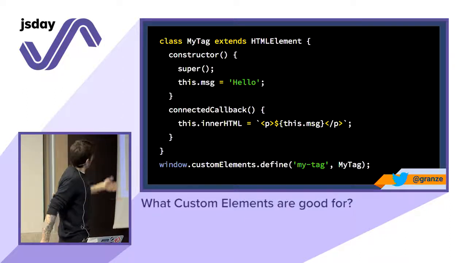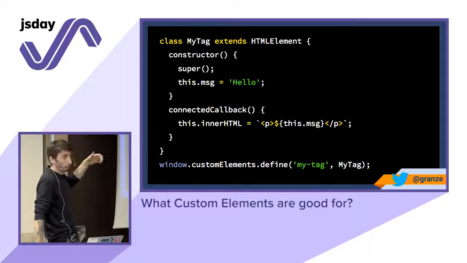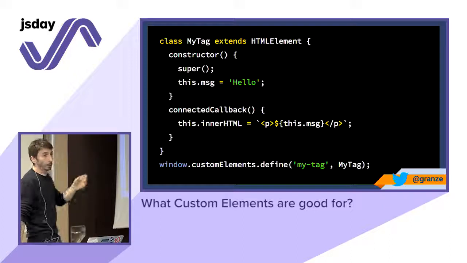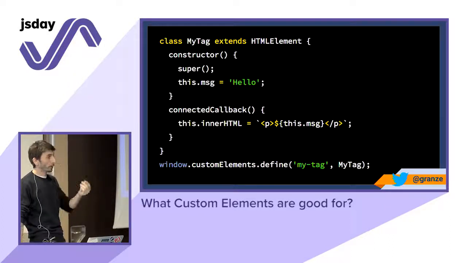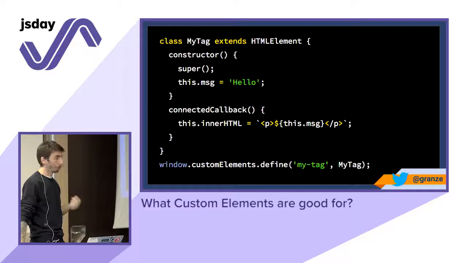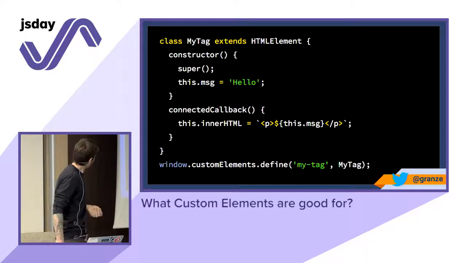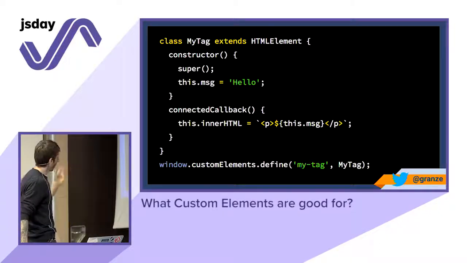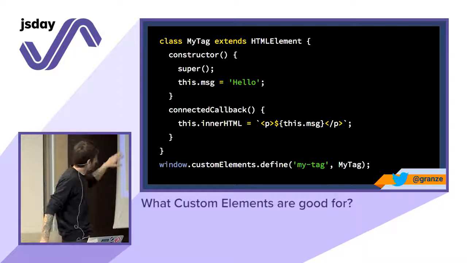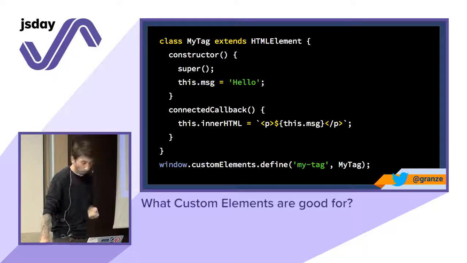I'm creating a class called myTag that extends HTMLElement. HTMLElement is just the basic element of the DOM, like a span, let's say. The first thing I need to do is to call my constructor and call super, because I need to inherit all the things inside the HTMLElement.